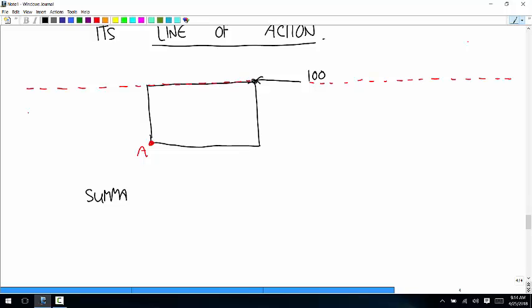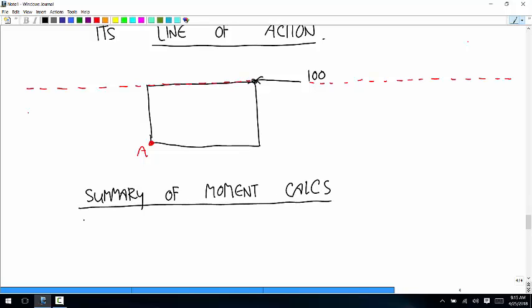Summary of moment calculations. Without changing the problem, you can move any force anywhere you want along its line of action.